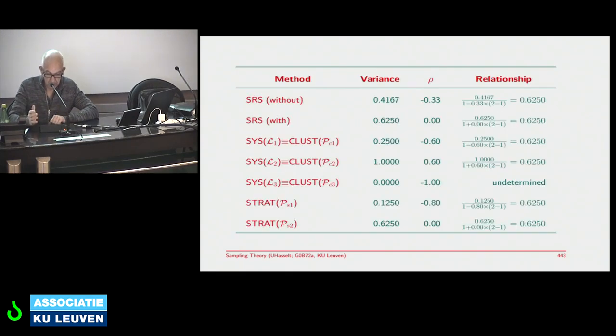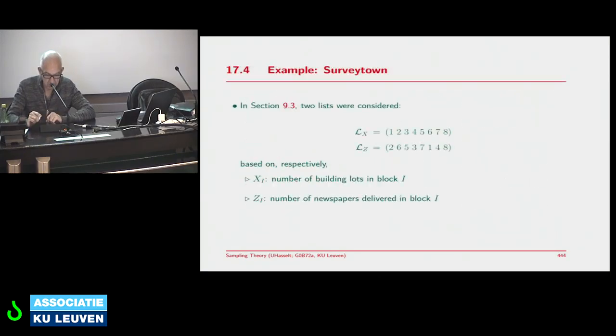Now, given what we said before, the lists from systematic sampling and the three clustering methods kind of come together here. We see that the impact on the precision is also the same. So the first clustering method would lead to an increased precision, which is somewhat unusual. The second one would lead to a decreased precision.